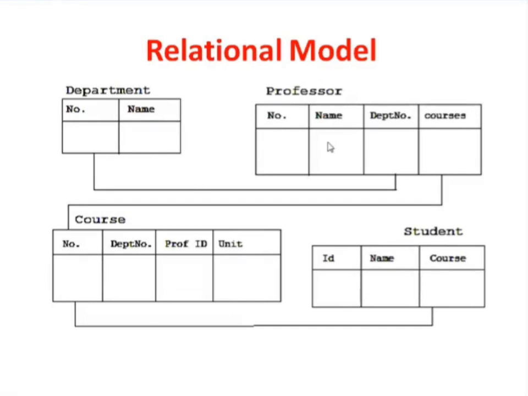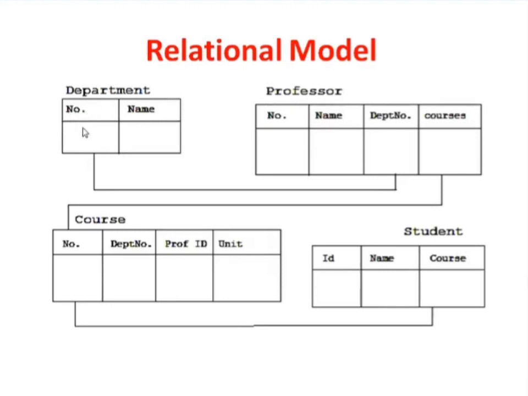How the logical link is established, you can understand from this diagram. Suppose I consider these two tables. These two tables are linked. How? By having a common attribute, a common column in both tables. This is the department table having a column called number, the department number.